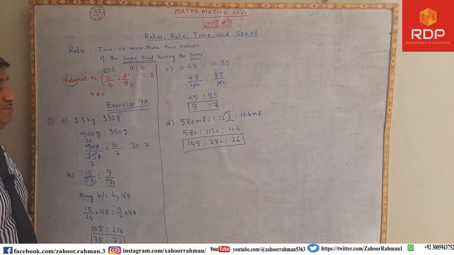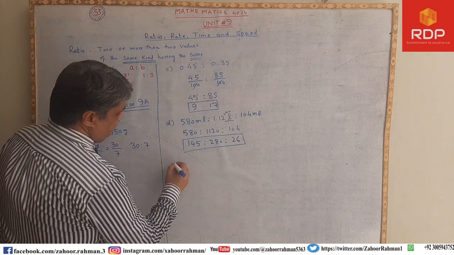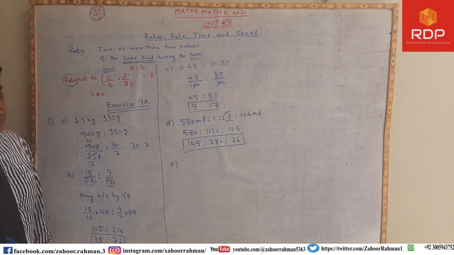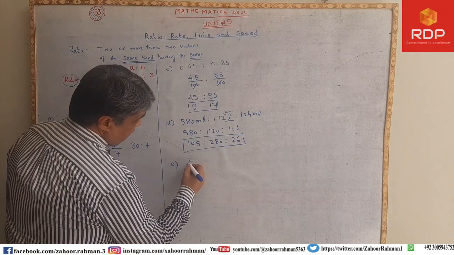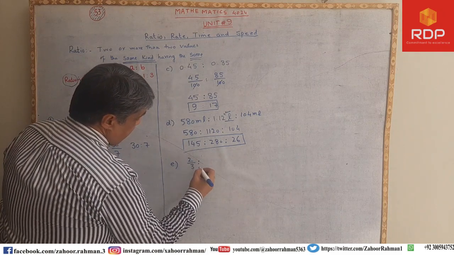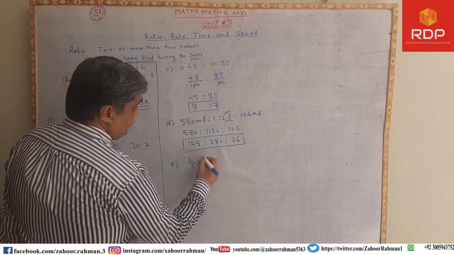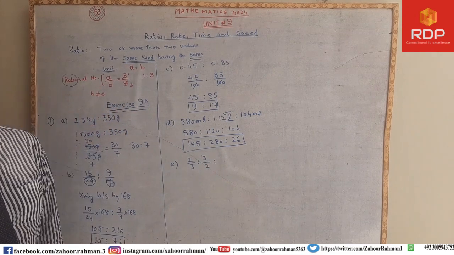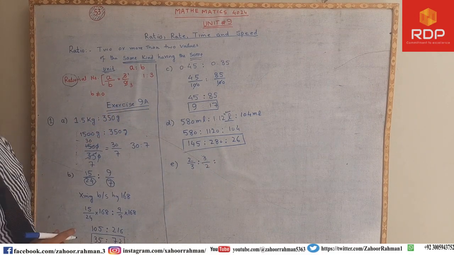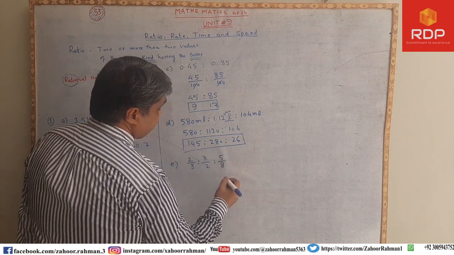Divide each term by 5, again by 5, and you will get the result. I'm not wasting your time, so I'm writing it directly. Now the E part is 2 : 3 and 3 : 2, and then we are getting 5 : 8.